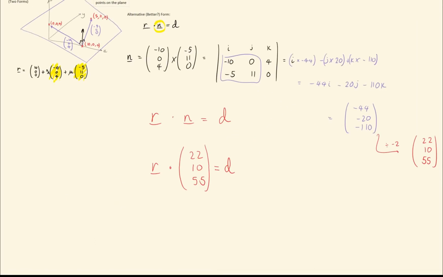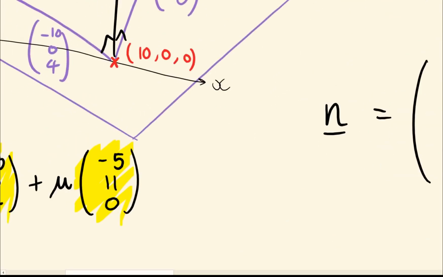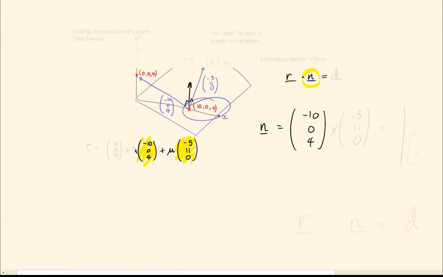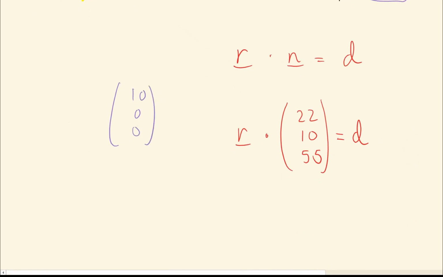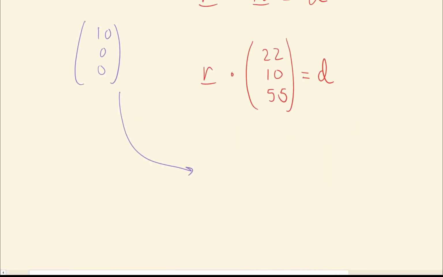To work out d, all we need is any point that we know is on the plane. So I can pick this point that we're told in the question is on the plane. We know that 10, 0, 0 is on the plane. If I let r equal 10, 0, 0, because r is any point on the plane, we can use that to work out d.